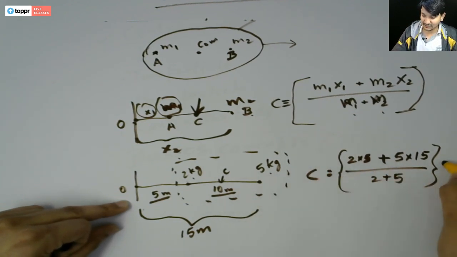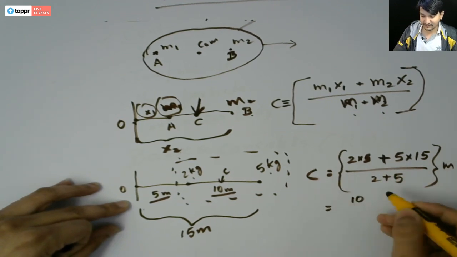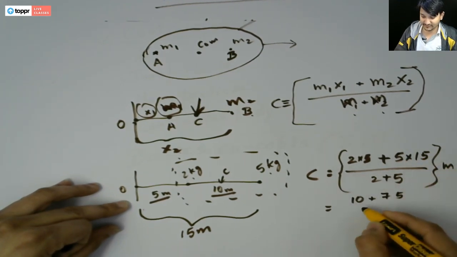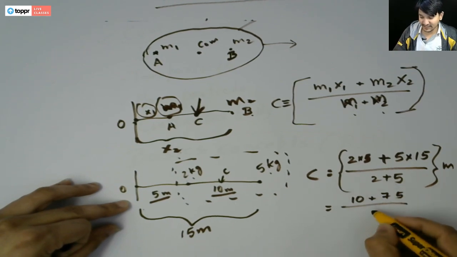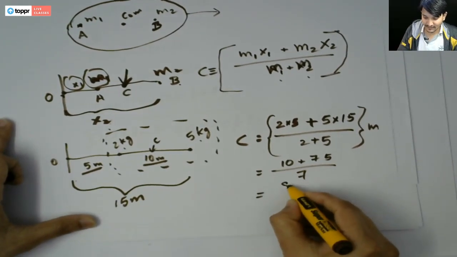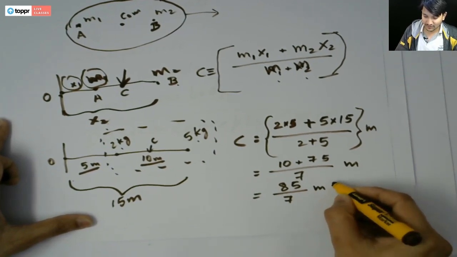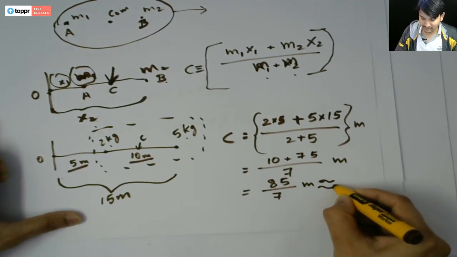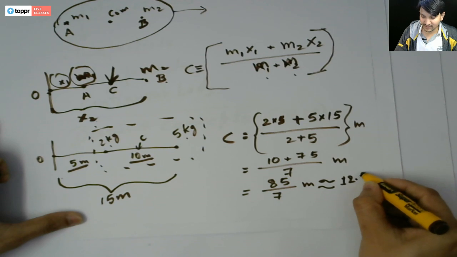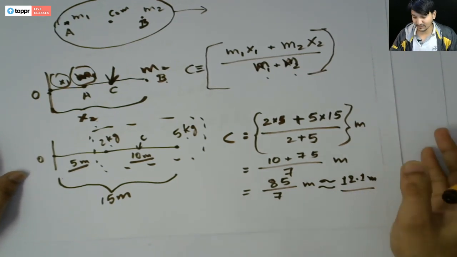The unit here is meter, we are getting 2 times 5, 10, plus 75, 85 divided by 7. It is coming out to be 85 by 7 meter, or about 12.1 meter. I hope this part is clear.